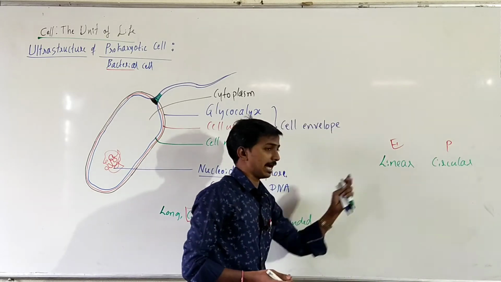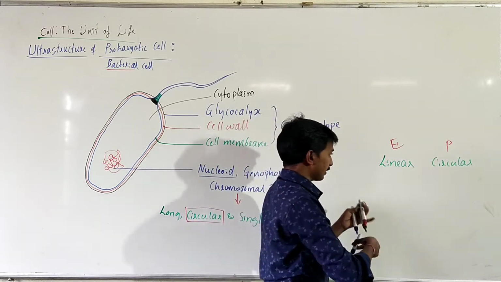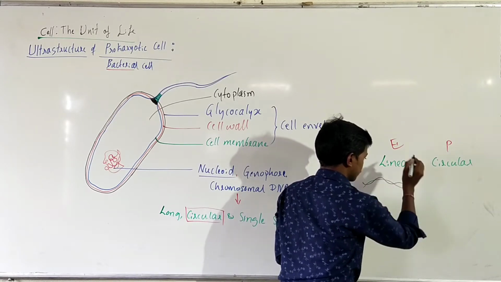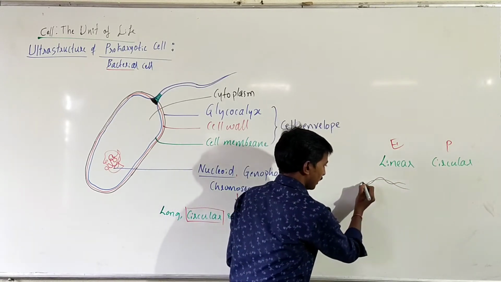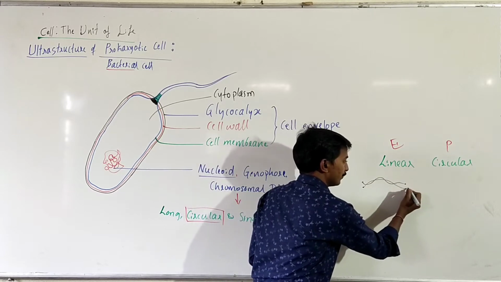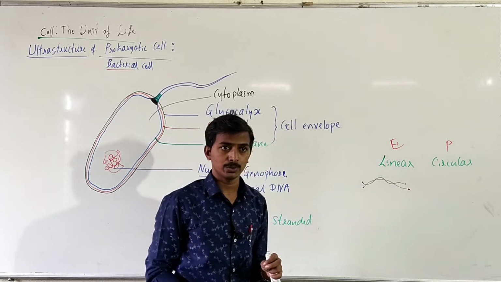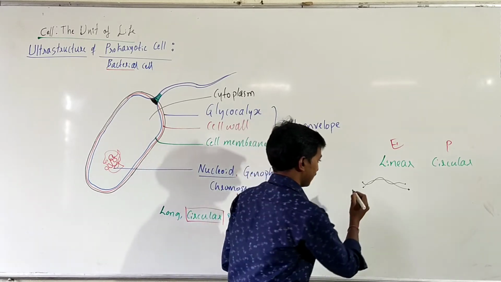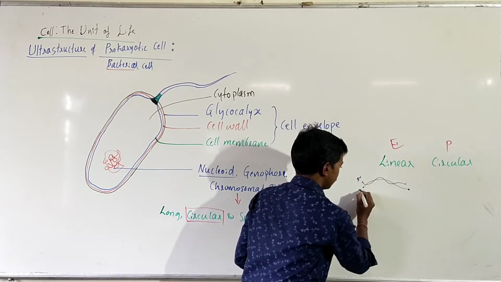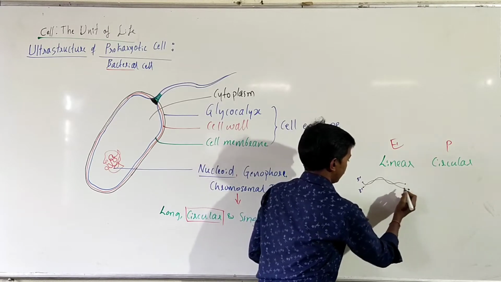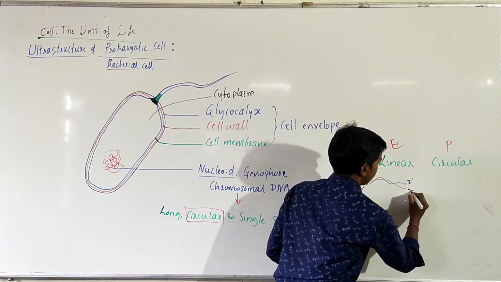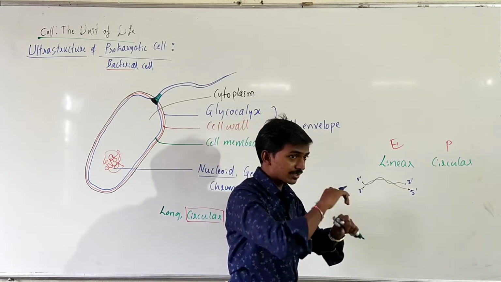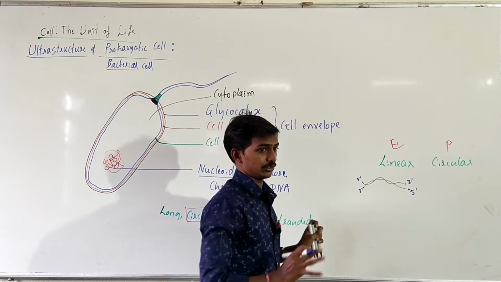Then what does that mean? Linear means the DNA is double stranded, first of all, and the two ends of the DNA are free from each other. We can name them as 5' end, 3' end, and 3' end, 5' end, meaning the two ends of each strand are free.